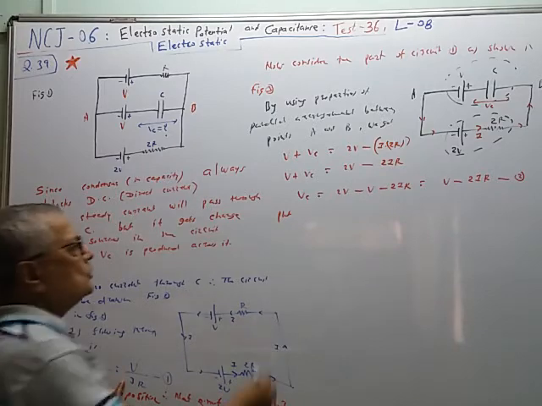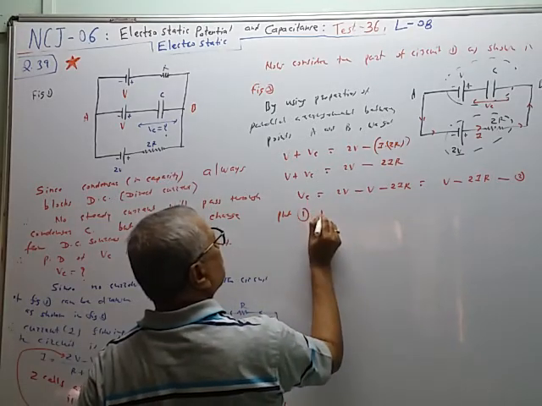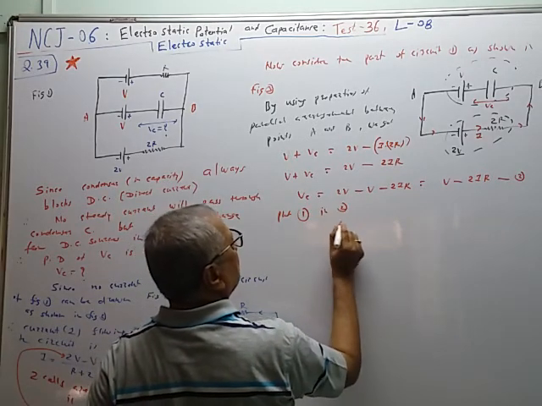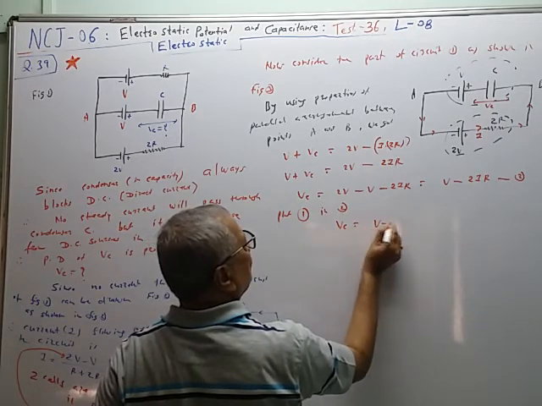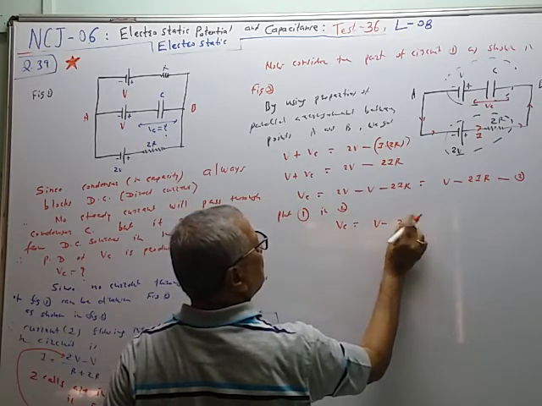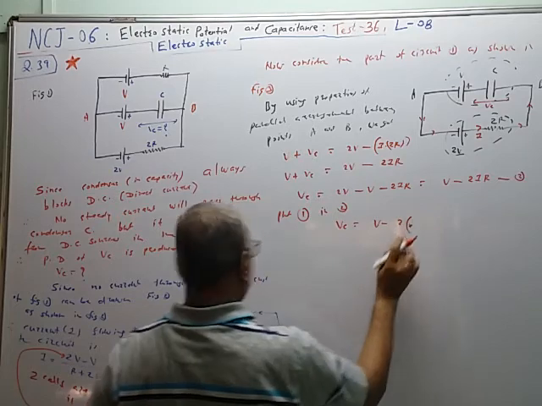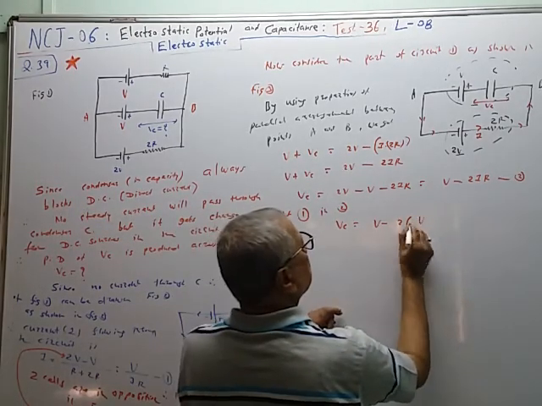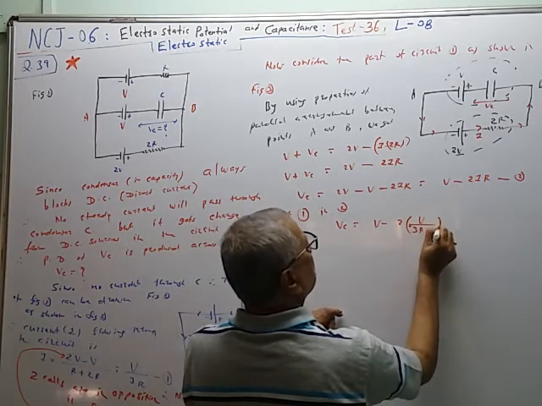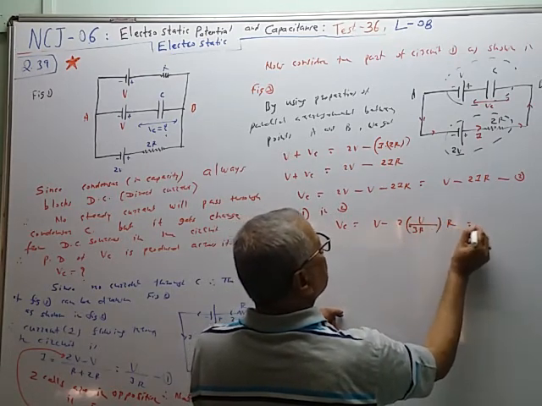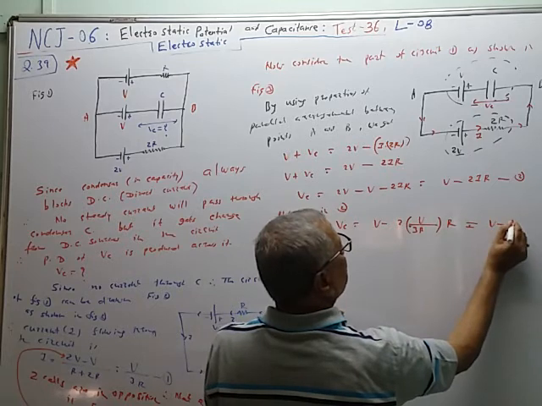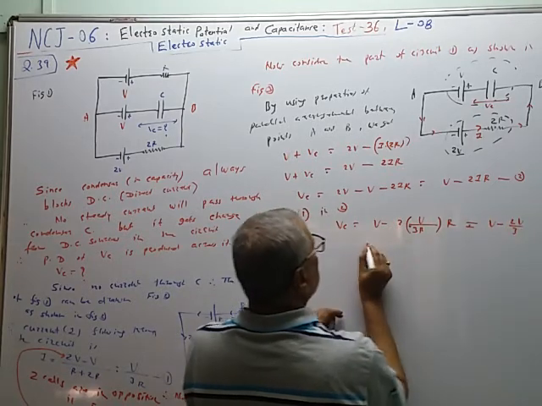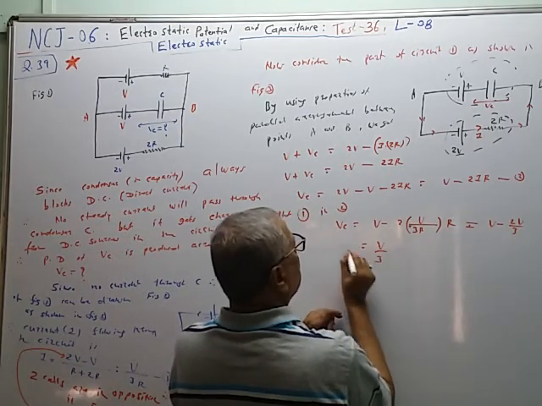Now we have calculated the value of I. Put 1 in 2. And therefore Vc is equal to V minus 2 times the value of I, V upon 3R, multiplied by R. So R, R cancel. So V minus 2 times V by 3, and therefore this is equal to V by 3.